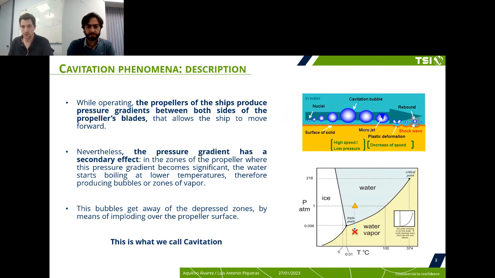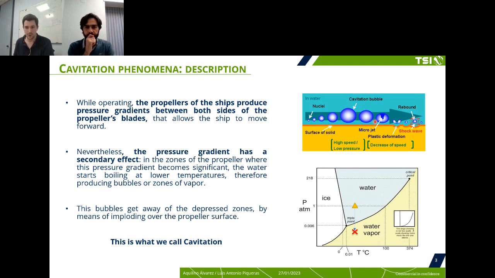In areas where the pressure gradient is excessive, either by operating conditions, improper designs, or any other reason that can appear, the water begins to boil at normal sea temperature, producing water vapor bubbles. These bubbles, when moving away from the propeller and entering normal pressure zones, implode, producing large amounts of noise and vibrations. This is what we call cavitation.